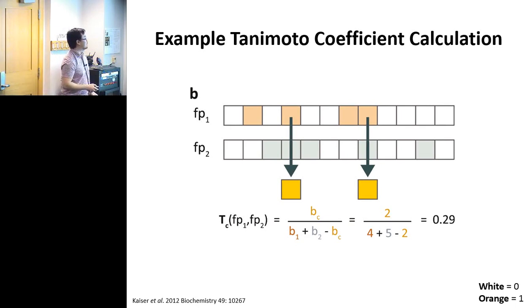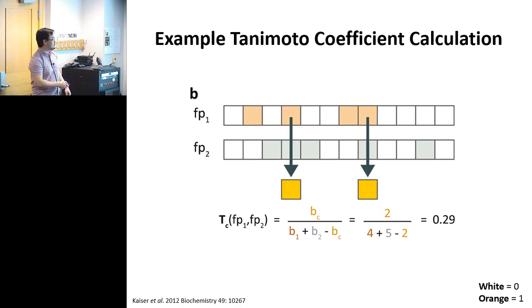So we do a bitwise comparison against two molecules. We have a 1024-bit string for one molecule and another 1024-bit string for another molecule. We compare them against each other to see how many of those ones match up. We want to see how similar they are. So the calculation performed here is as such. You can see all the bits that match up, the union, I guess in this case, so it's 2.